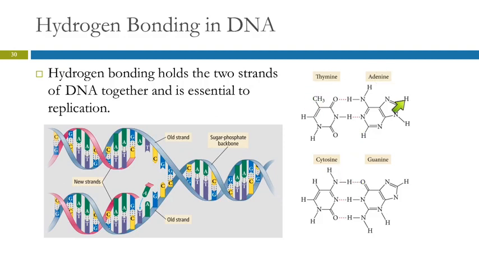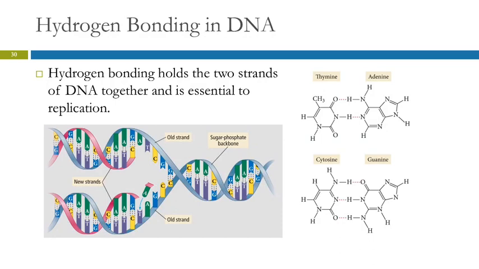So thymine and adenine, thymine has an oxygen here that can hydrogen bond with the hydrogen bonded to nitrogen on the adenine. And then there's this nitrogen-hydrogen bond here, and we can get hydrogen bonding between that hydrogen and a nitrogen on the adenine. So these 2 bases can form 2 hydrogen bonds with each other.